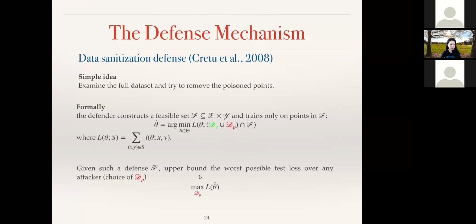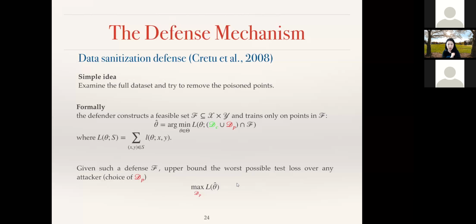That's why it's very difficult. You're getting an upper bound of the worst possible test loss over any attacker. So for the maximum over DP, you don't know it, but you want to find it out. That's why it's very powerful. I want to find it out using this union set or the F set. We'll talk about it soon in the next few slides.